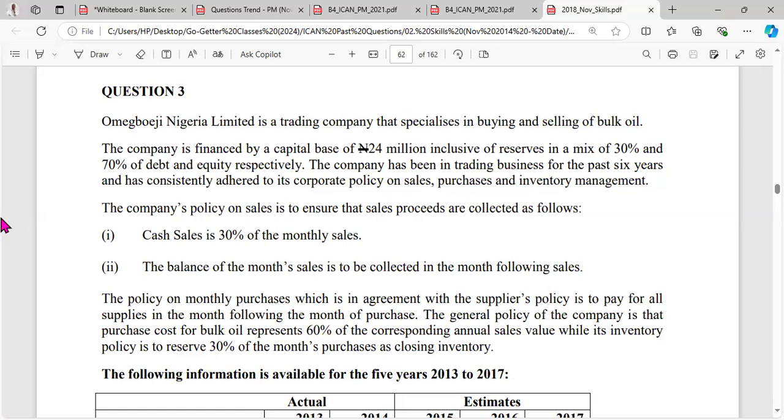So it means that the purchase you made in January, if you make 60,000 as purchase, that 60,000 is like 60% of what the sales will be. So it means for us to get the sales, we need to find 100% of it. Then, while its inventory policy is to reserve 30% of the month's purchase as closing inventory.